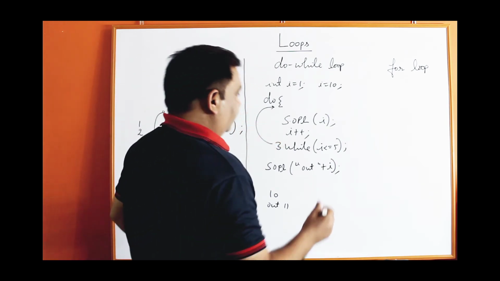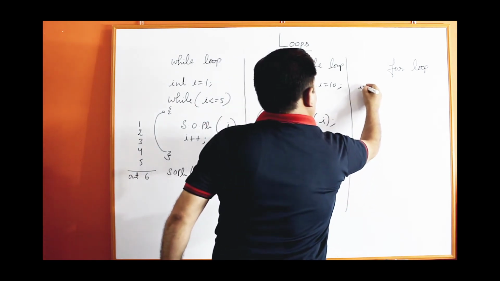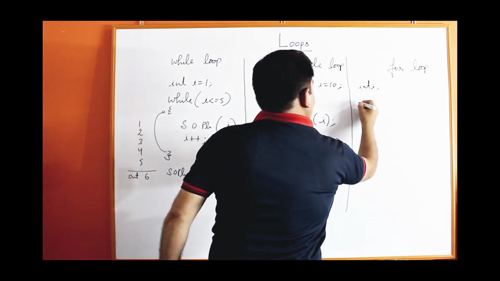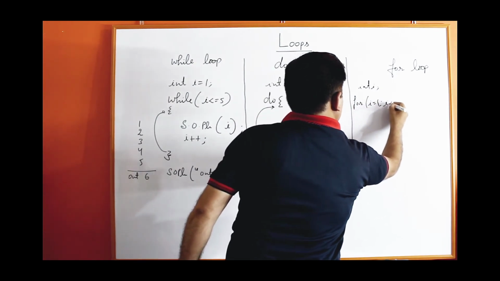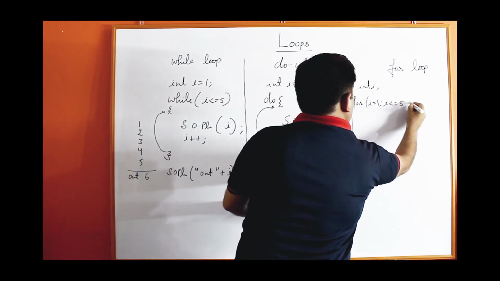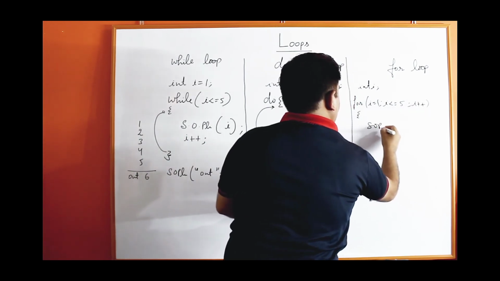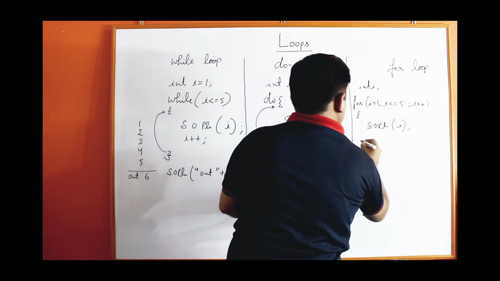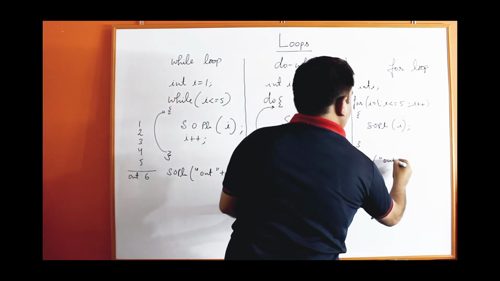Now next loop is for loop. for (int I = 1; I <= 5; I++), println(I). Same thing I am writing again here, out of the loop.